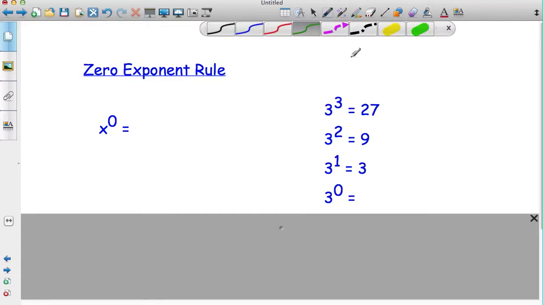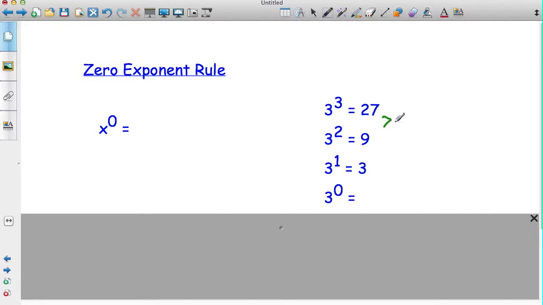If you haven't already noticed this pattern, to go from here to here, what's that? Oh, very good, that's divided by 3. This one must be divided by 3. And therefore, if we can assume our pattern, which we can, it's going to be divided by 3. Now, the great thing about exponents is that we don't need to use decimals.